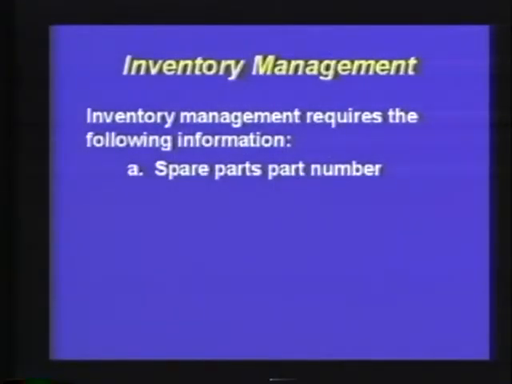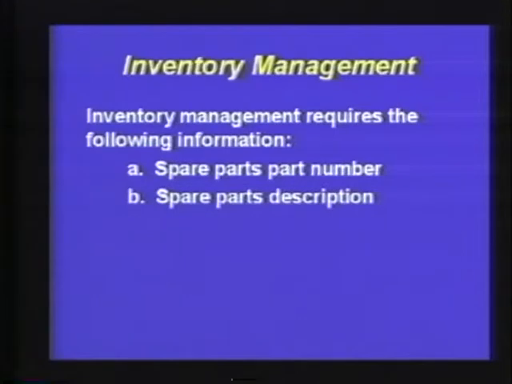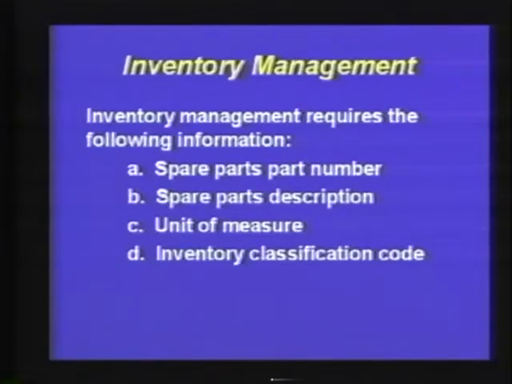Now, starting off with item A, we have the spare part number, we have the description, and C is the unit of measure. Those are 3 data elements that we will always use when we talk about the identification of a spare part. Item number D is the inventory classification code.